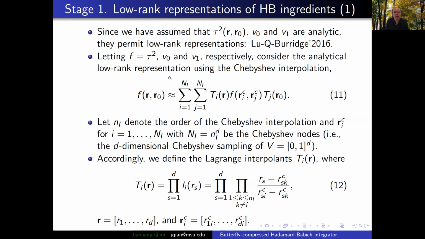Okay, so here is the first low rank property of those ingredients. Essentially, like I said, we will use a very rough mesh to compute those three quantities, tau square V1. The idea is that we will lay down Chebyshev nodes based mesh.